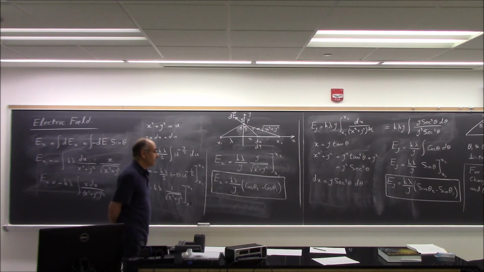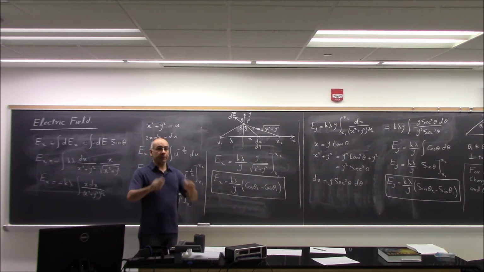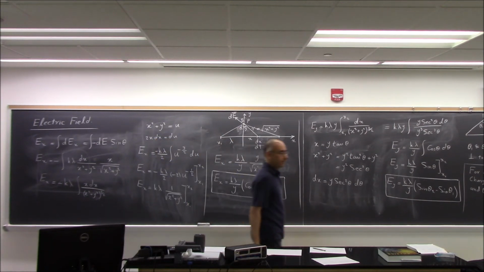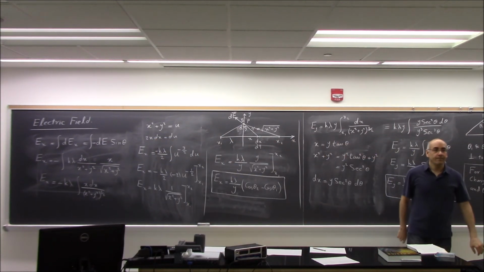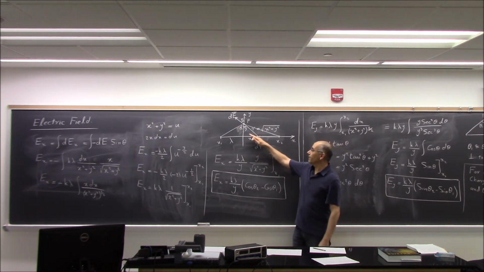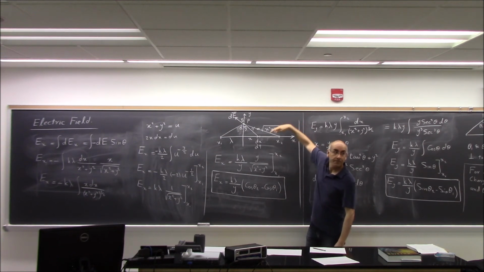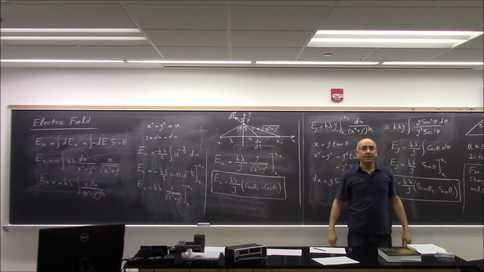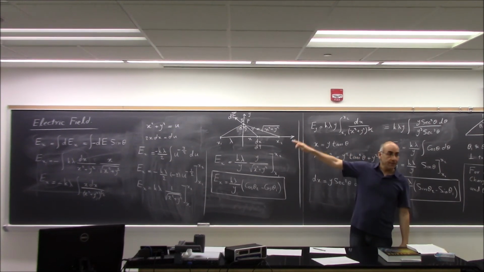And what happens if you have an infinite line of charge? For an infinite line of charge, what is theta 2? What is theta 1? Theta 2 is 90. Theta 1 is negative 90, right?